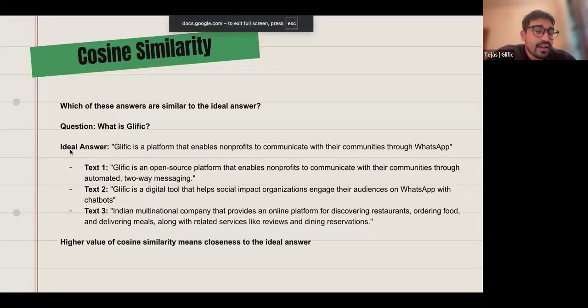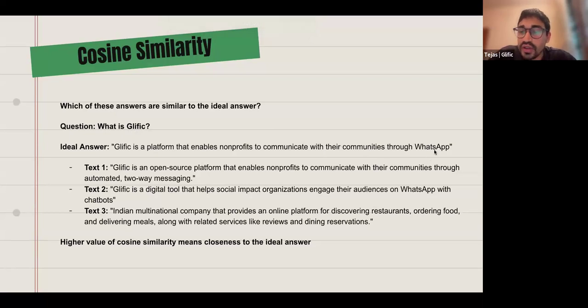The question is what is Glyphic? The ideal answer is: Glyphic is a platform that enables nonprofits to communicate with their communities through WhatsApp. Out of text one, text two, text three, which are similar to the ideal answer? You can type one, two, or three in the chat box, or unmute and share.